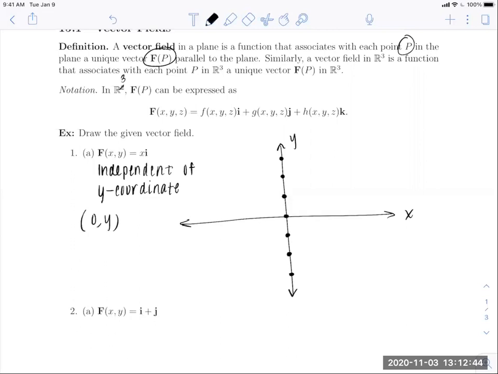I'm just assuming y is some integer value. Now let's look at the next set of points where the x coordinate is 1 and y is anything. If x is 1, then we're outputting the vector i hat. So let's look at 1, 0. We're going to output a unit vector that's pointing in the i hat direction, towards the positive x-axis.